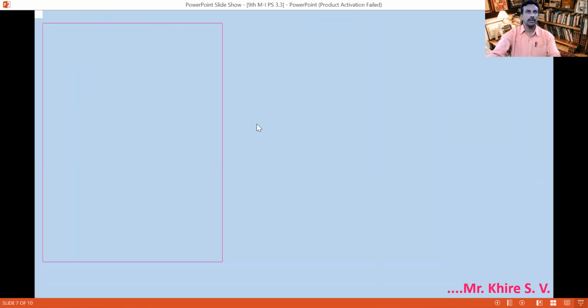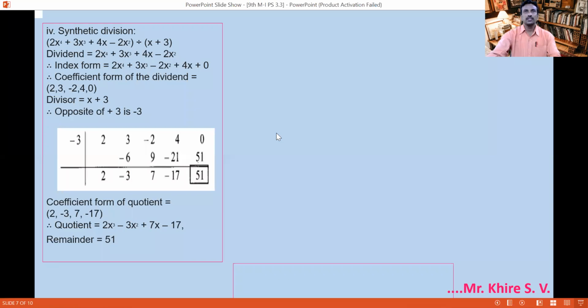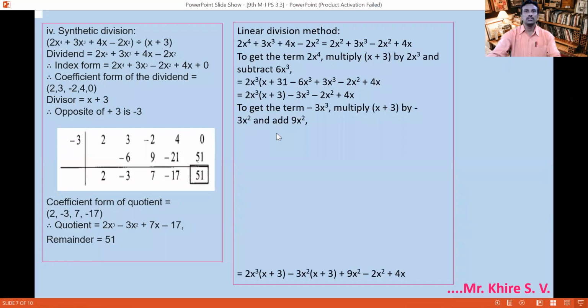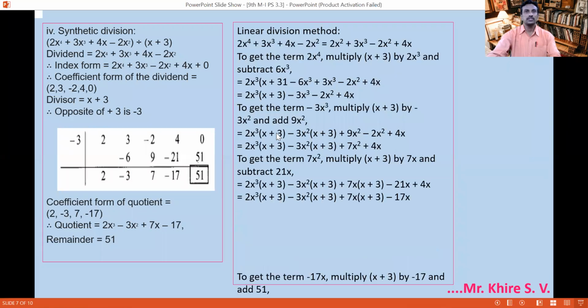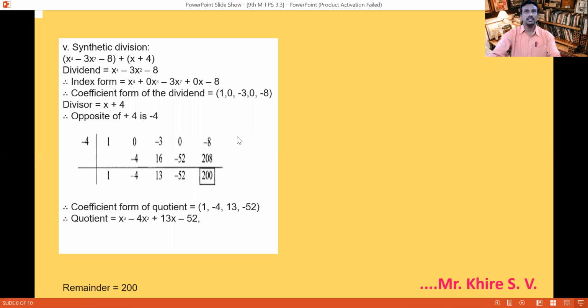By your own mind, practice these examples. Okay, you have to solve all these examples by using both the methods. First is the synthetic division method and second is the linear division method.